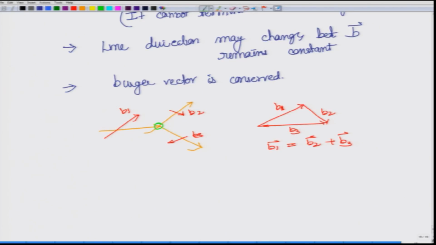So, if you take the Burgers vector in a way that the line sense is such that all the lines are going out from it, meaning now we will describe this line vector in this direction, which would mean that the Burgers vector of this will also change.